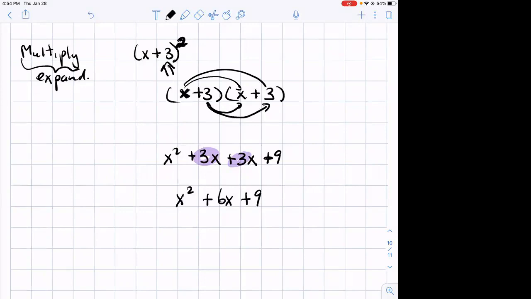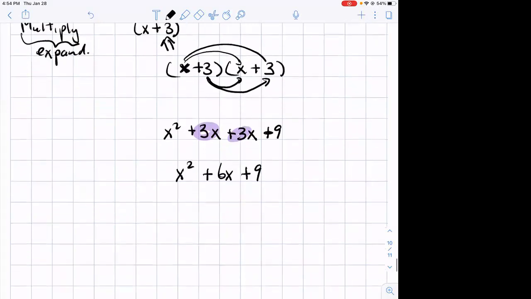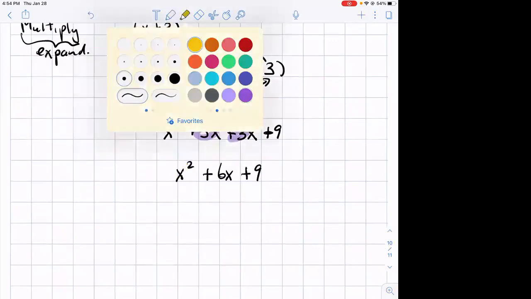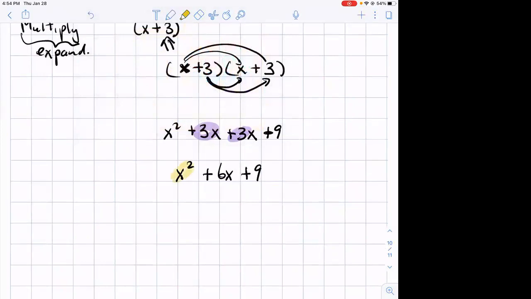So you notice when you multiply it, we have 3 terms. This is the first term. Here is the second term, and here is the third term.